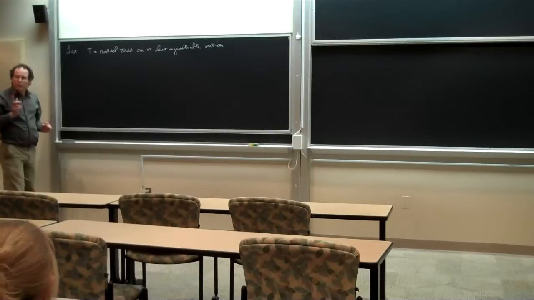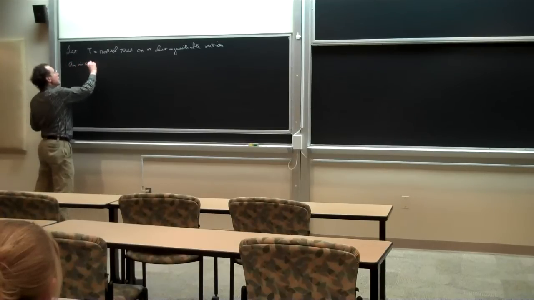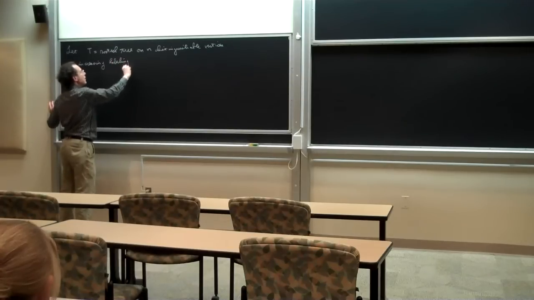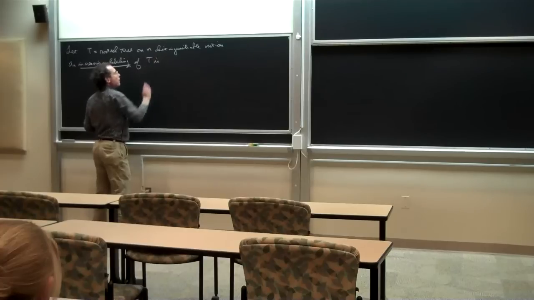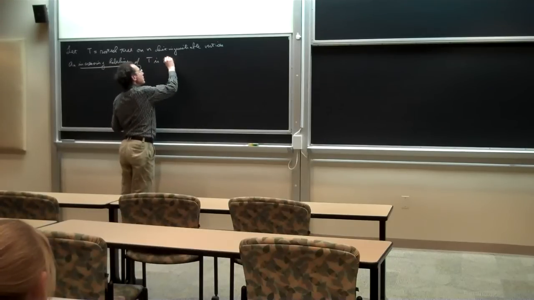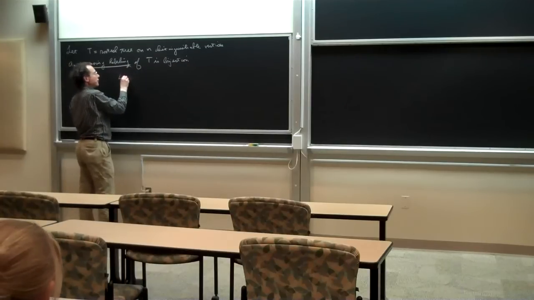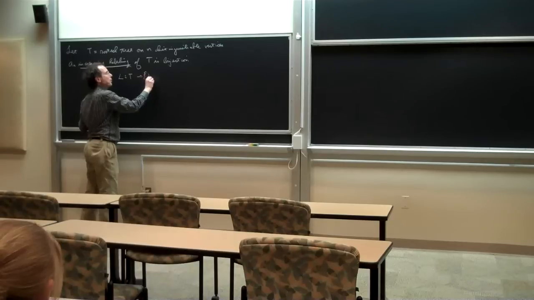So the things that we're interested in are what are called increasing labelings. An increasing labeling of T is a bijection, call it L, for labeling, between the vertices of T and the numbers 1 through n.